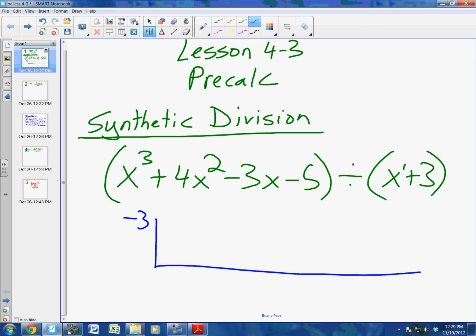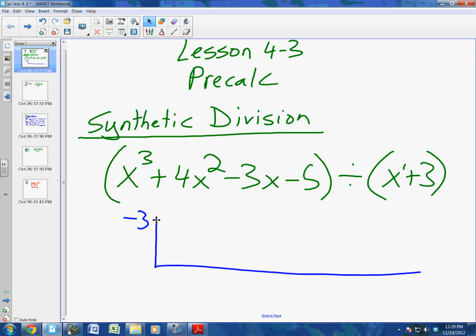If our factor is x plus 3, x plus 3 equals 0, solve that equation, that would be negative 3. Then negative 3 is our root. You have to use the root, not the factor. So you just take the opposite of that right there. Whatever this number plus that number would make 0. So negative 3. There's our divisor.